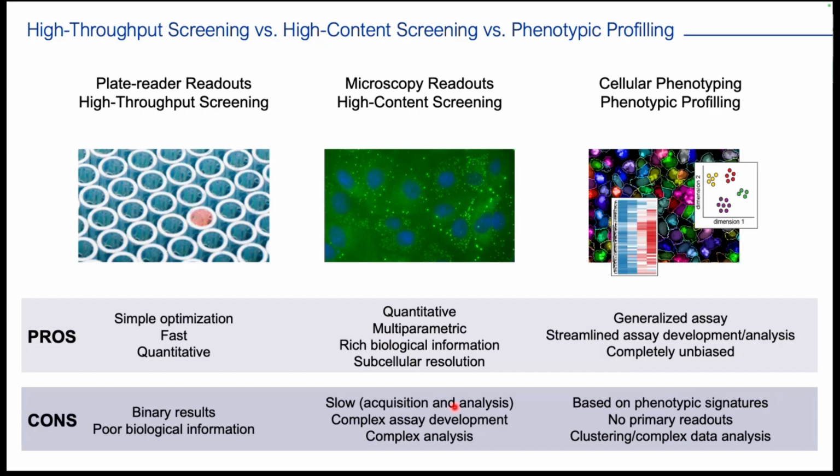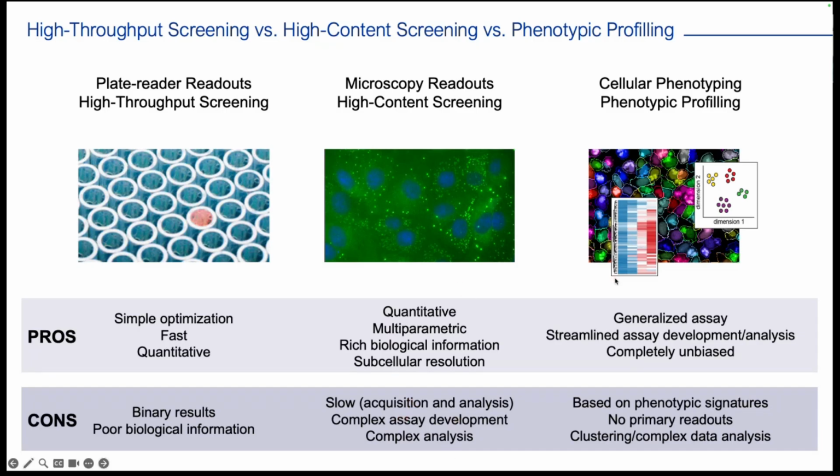This is, of course, an advantage and allows us to do much more refined phenotypes, but it comes with more complexity and typically higher cost, and the analysis is also more complex.